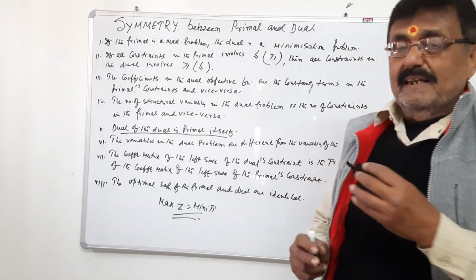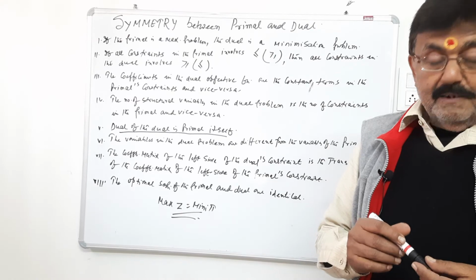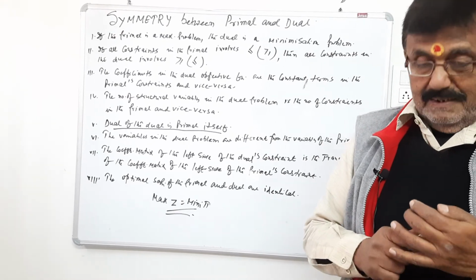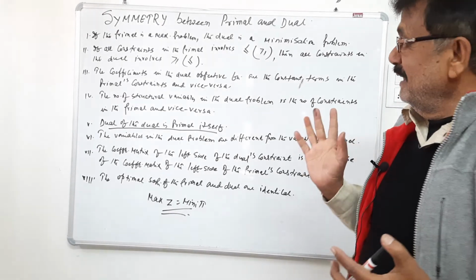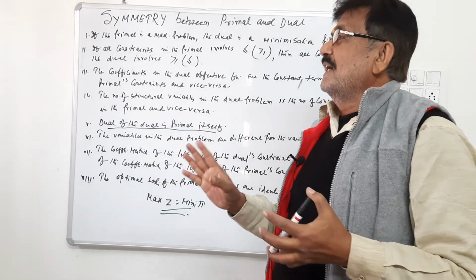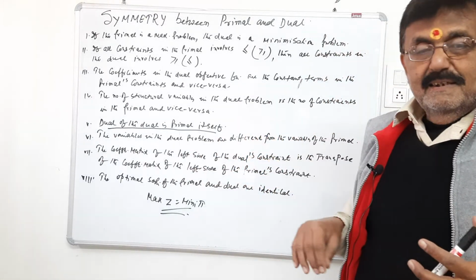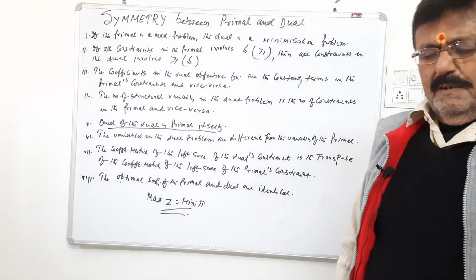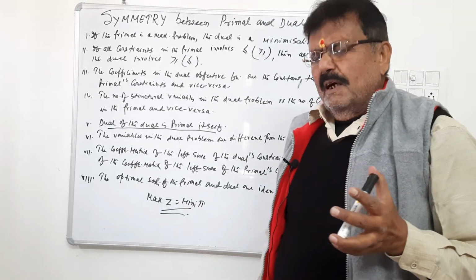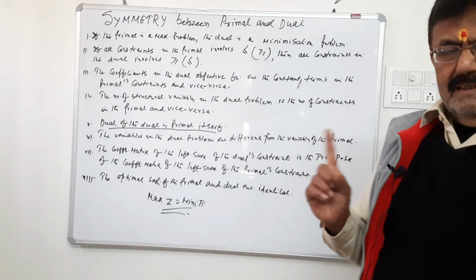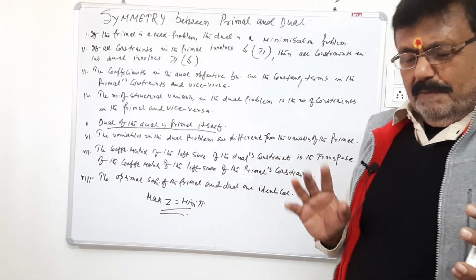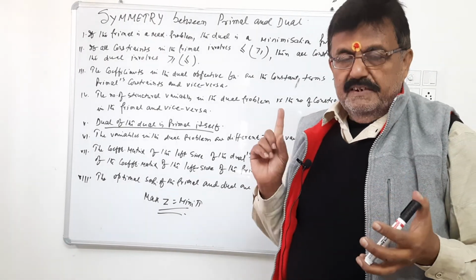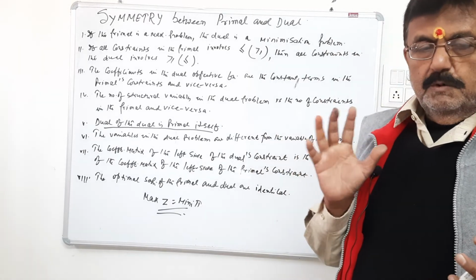And the simplex technique I have explained for the maximization problem. For the time being, I have explained this maximization problem. Then I have explained duality in today's class. This is the symmetry between primal and dual. And for now, I'll switch over from this chapter to another chapter of microeconomics, probably in the next class I'll be explaining the deadweight loss of the monopoly problem.